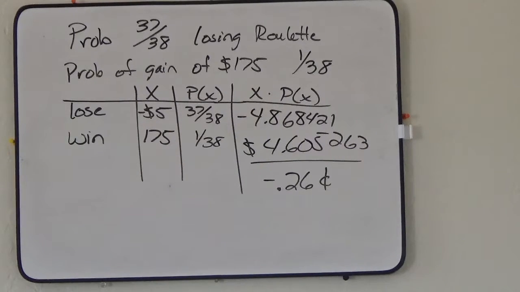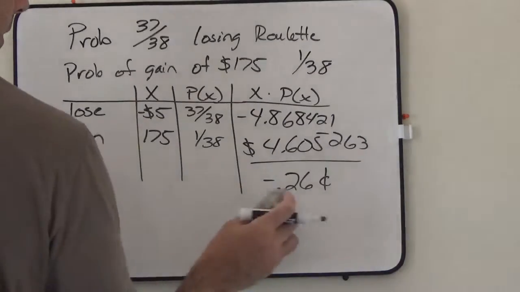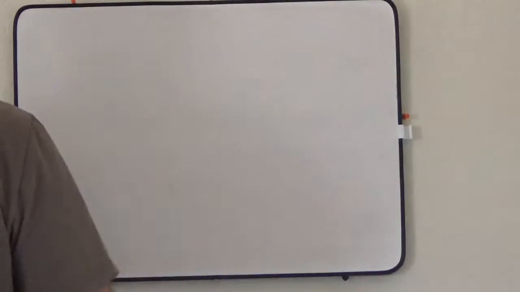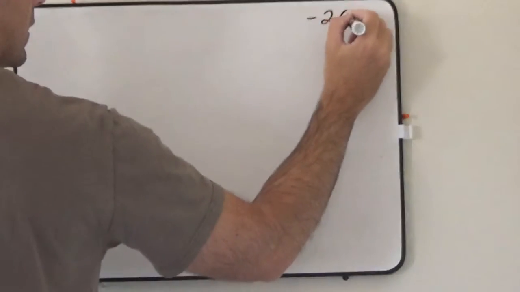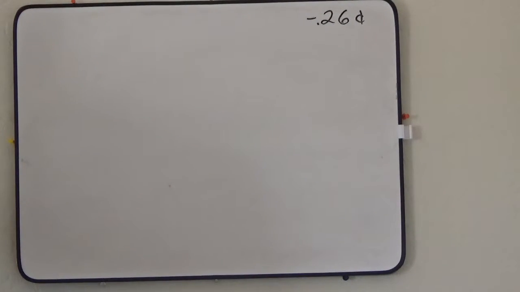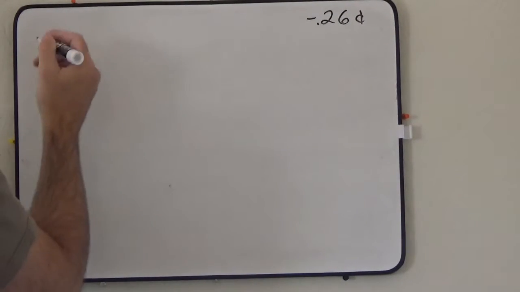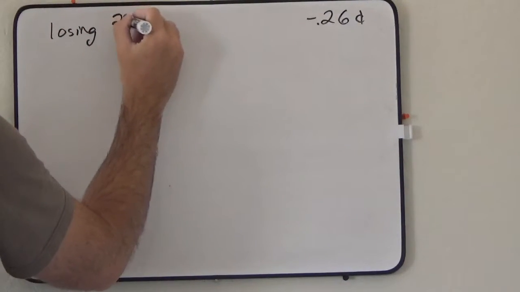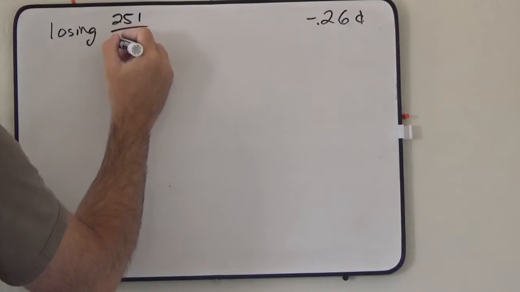Alright, now let's look at the craps. With the craps, just remember this is negative 26 cents. I'll actually write that up in the corner up here so we can remember it. Okay. Now, craps. Your probability of losing is 251 over 495.